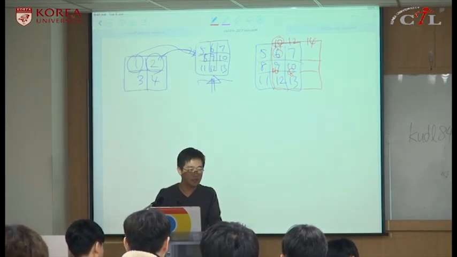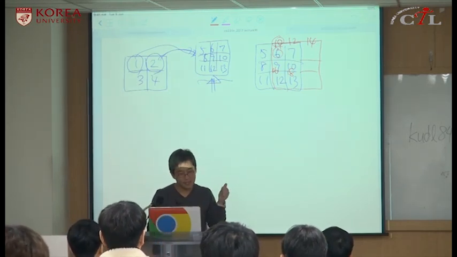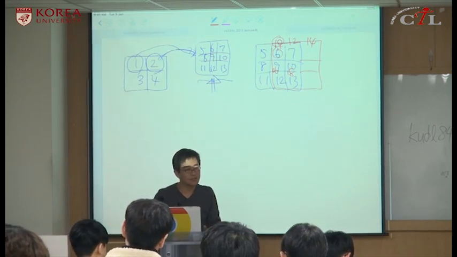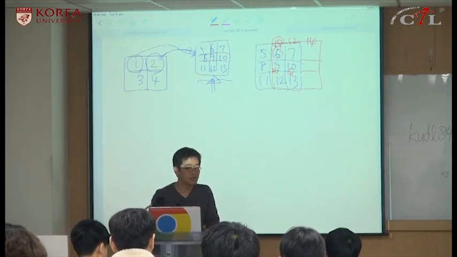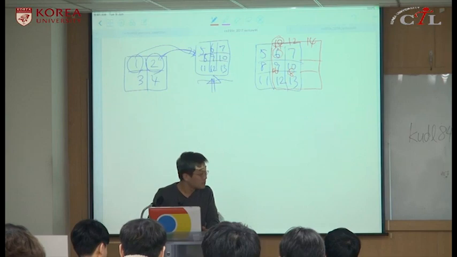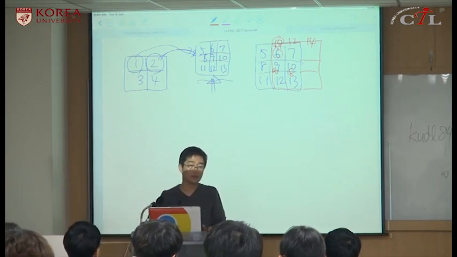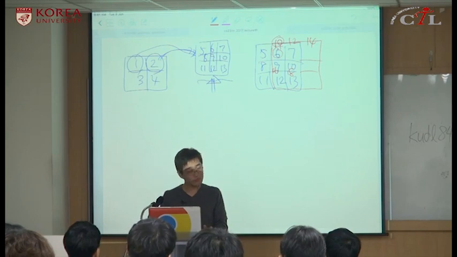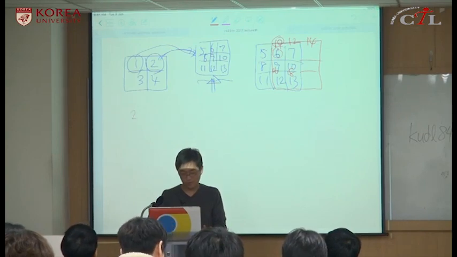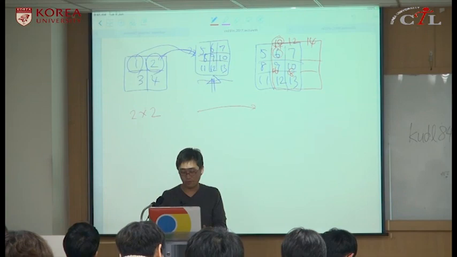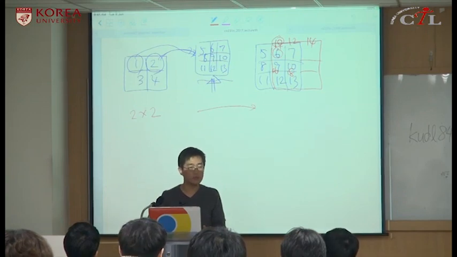So in the case of using the step size as 1, will it increase the spatial resolution? Okay, in this particular example, we have 2 by 2, and what will be the spatial resolution of the output activation map?